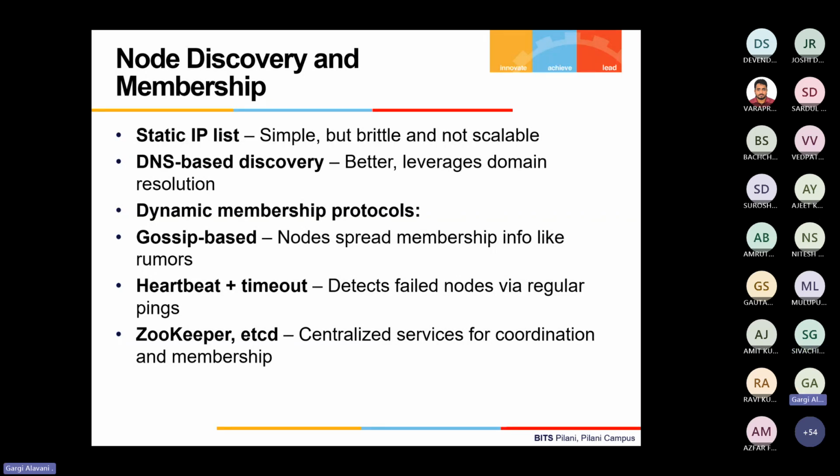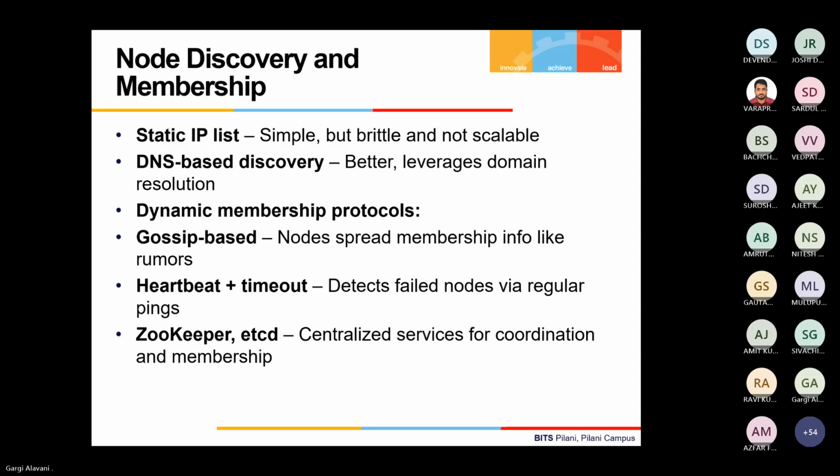But in many modern systems, we also prefer dynamic membership protocols. There are three types of protocols. The first one is the gossip based protocol. Here, rumor spreading happens, where each node shares what it knows with random others.